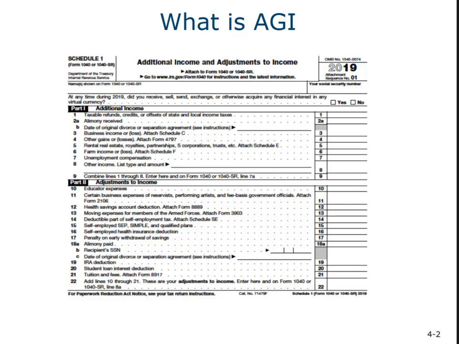We talked about our tax equation earlier in chapters 1 and 2, and the concept of AGI was brought up as important because certain deductions are for AGI and certain other deductions are from AGI.